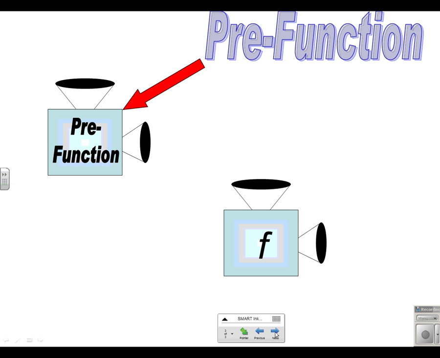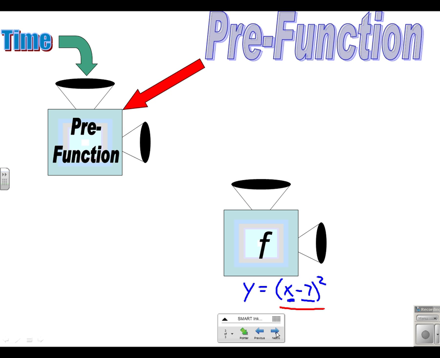Now, a pre-function may be something that looks like this. Maybe y equals x minus 7 squared. So now I start with x. Before I ever get to my base function here, I'm subtracting 7. So what goes into our pre-function? We start with our x value or our time.